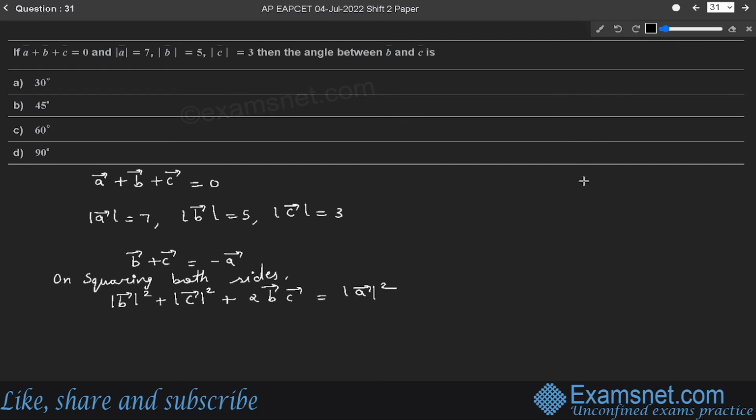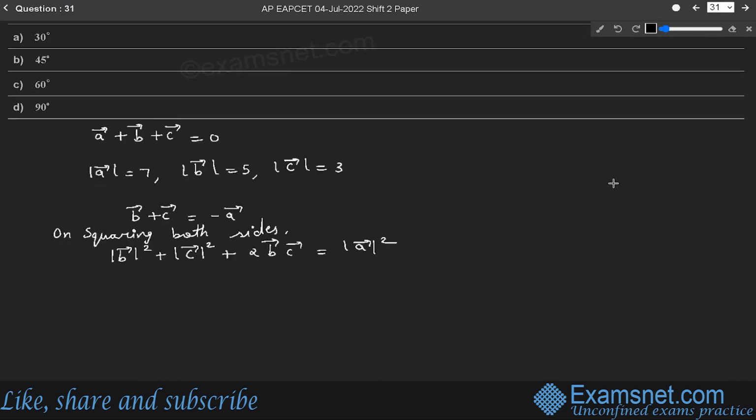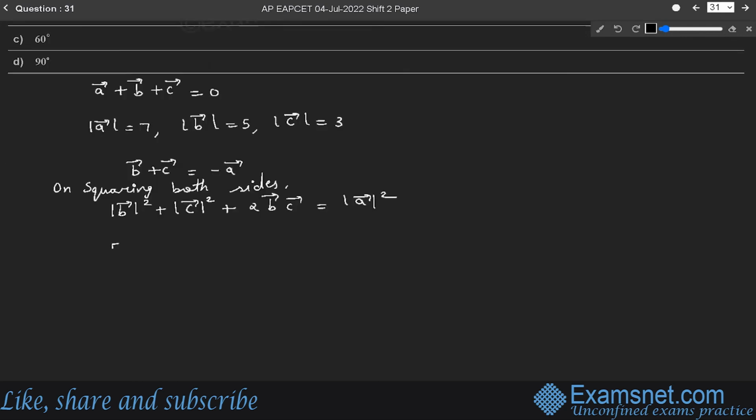Now, on further putting the values for mode of B and mode of C, this will be 5 square plus 3 square plus 2 into B vector into C vector will be equals to 7 square. So 2 into B vector into C vector will be equals to 49 minus 34.